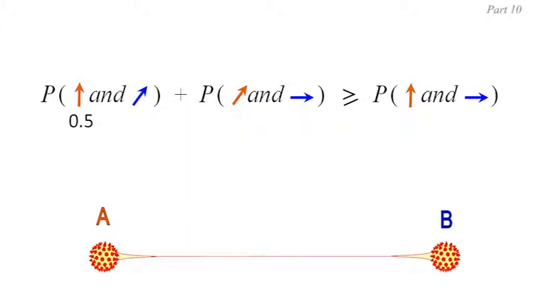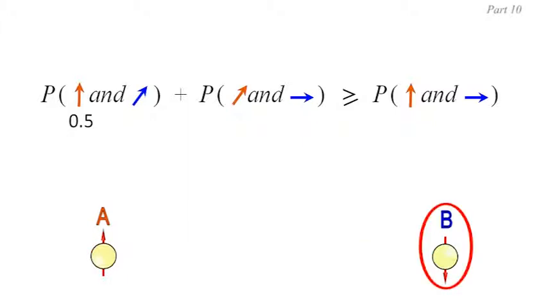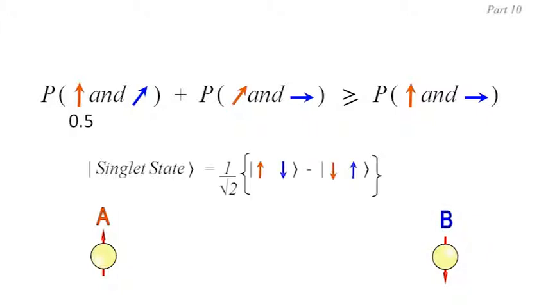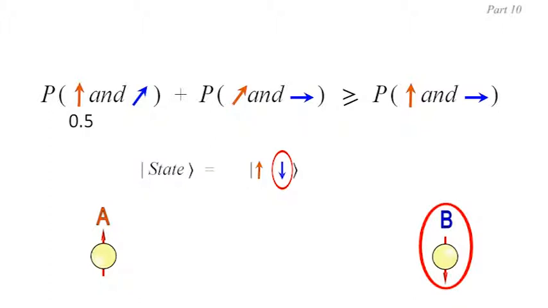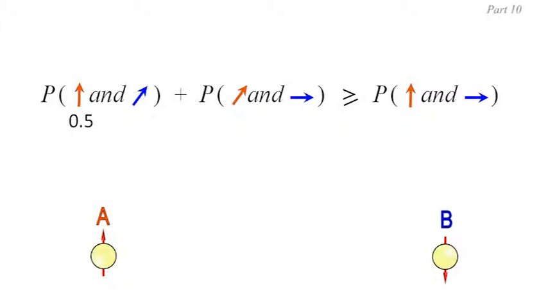We also said that once we have measured the spin components of the electron A to be up, then the electron B must be down. In other words, the singlet state, which was this, collapses to the straightforward up-down state. So electron B now has its spin pointing down in the z direction. However, for our Bell formula, we now want to measure the components of that B spin in a direction of 45 degrees to the z-axis, whereas it's actually pointing down.